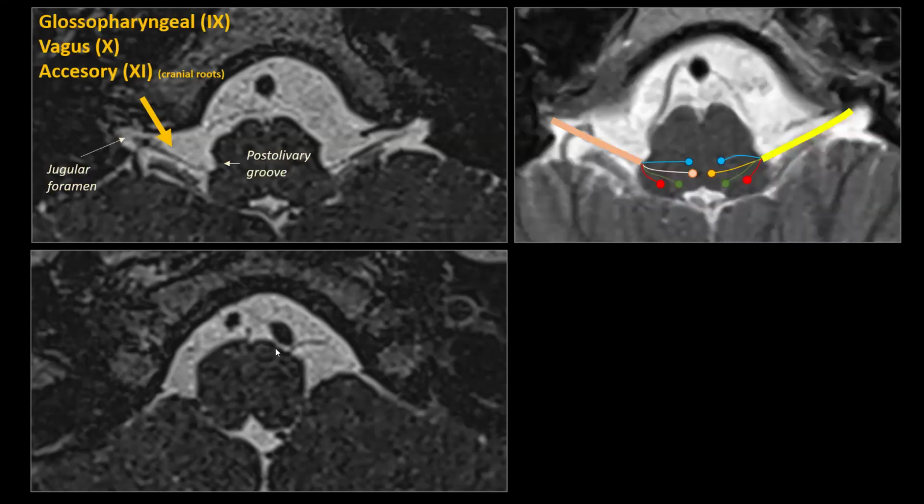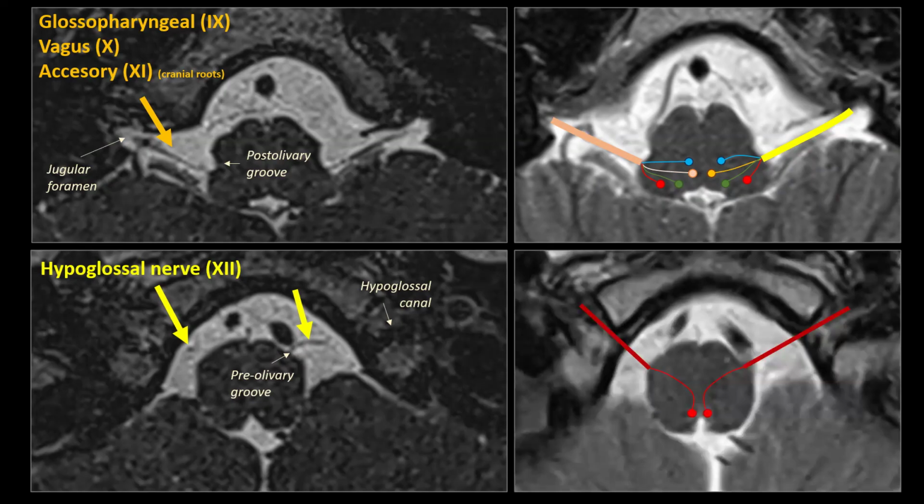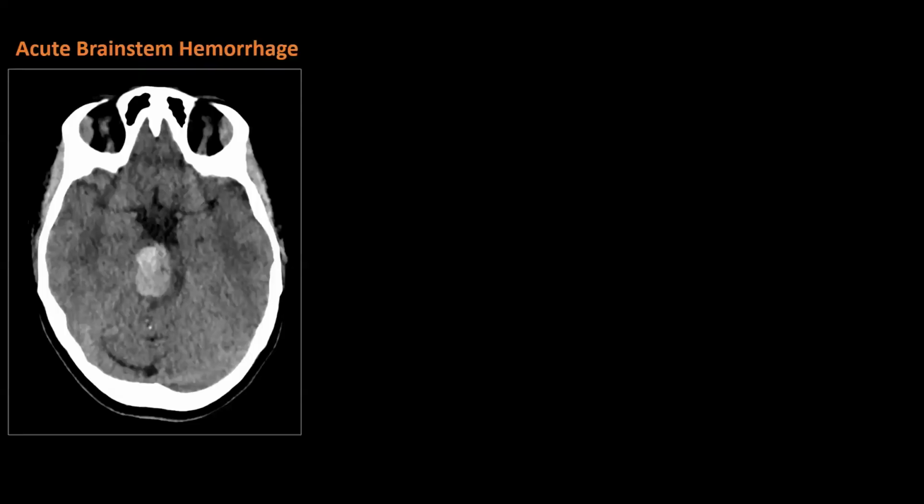And the hypoglossal nerve, and these are the nuclei, but I won't discuss those in detail. And this is the hypoglossal nerve exiting at the level of the pre-olivary groove. And here we have the hypoglossal canal, where it basically exits the cranial vault and runs towards the tongue muscles. So this is the hypoglossal nucleus and the course of the hypoglossal nerve.